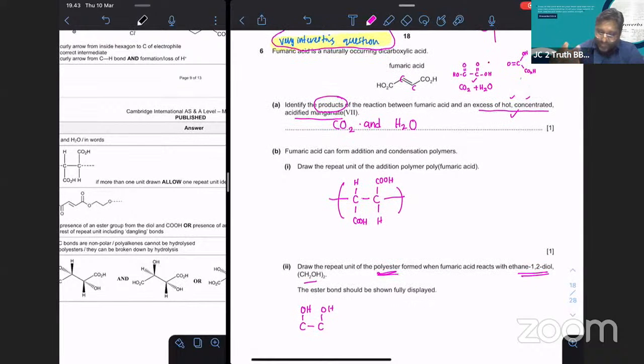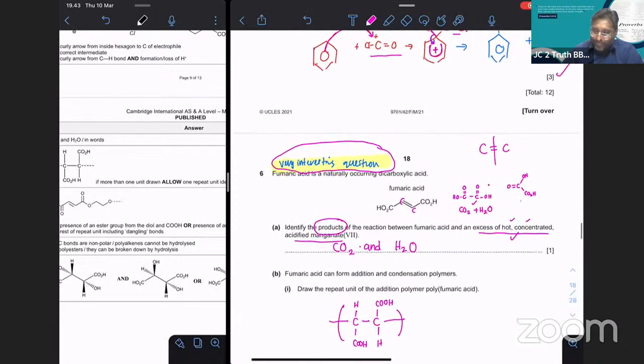If you use excess hot concentrated, then the double bond is broken, and you have oxidation. But if you have a carbon double bond like this and you use dilute and cold conditions, you are going to get a diol. The OH will come here, the OH will come over here. Later we'll see, there is a question over there.